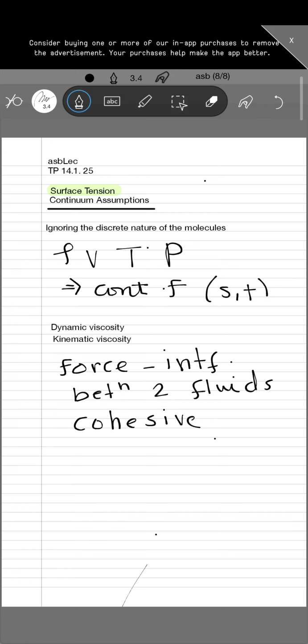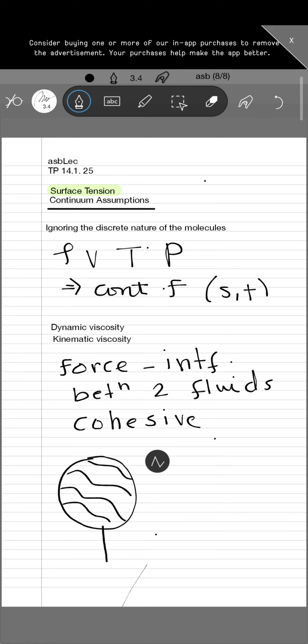Now let us take an example. Suppose we have a ring and a film of a liquid material like soap, and you allow this material to vary over time. You will see that the soap film actually contracts.